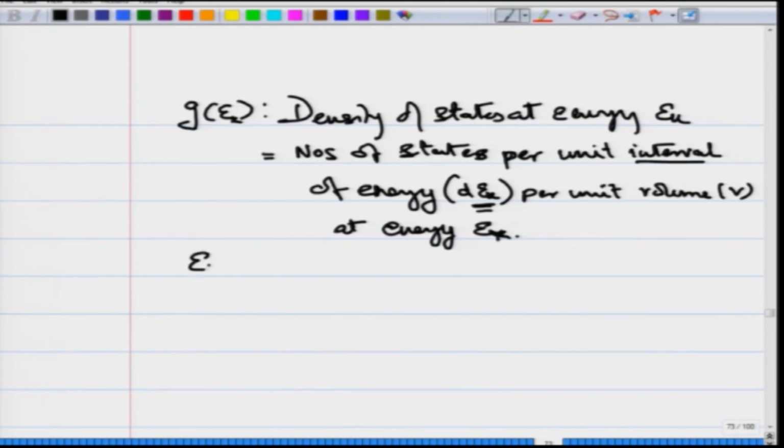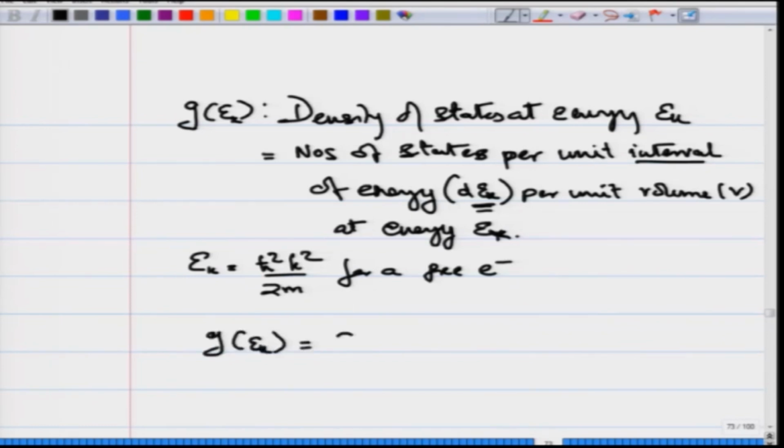Ek is nothing else but h cross square k square by 2m for a free electron. So, this is the density of states, and G of Ek is Gk dk by dEk. This we have already seen.